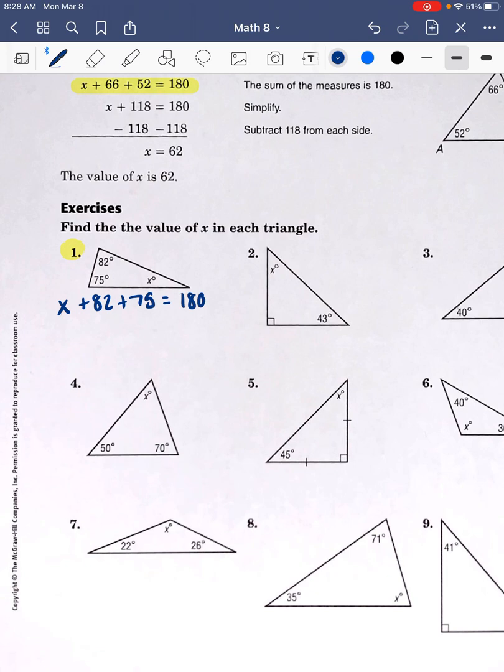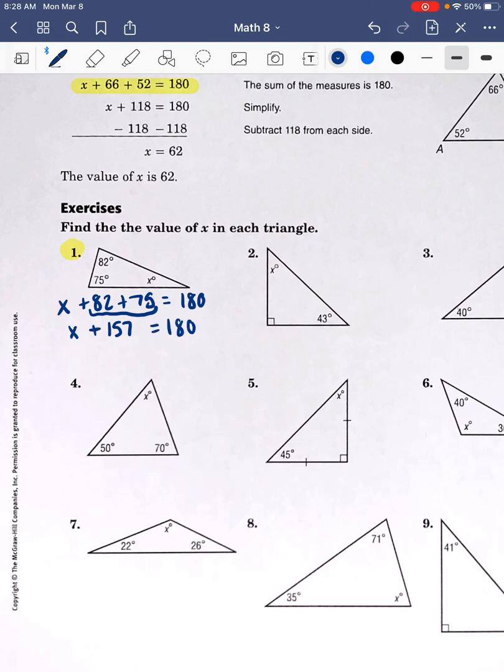Now you can put the degree signs on there if you want to, but we don't enter the degree sign in our calculator when we're typing it, so I just like to write it how I'm going to be typing it in my calculator. So the first thing we want to do is add 82 and 75 together, and we get 157 for that. So now we have x plus 157 equals 180.